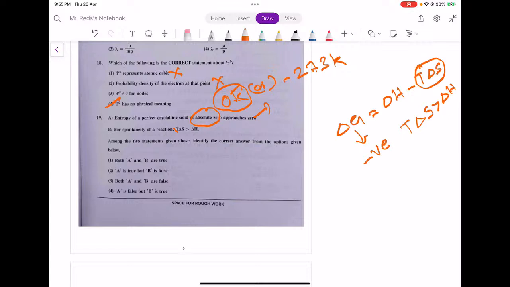Otherwise, if delta H is greater than T delta S, delta G is positive, and if delta G is positive, the process is non-spontaneous. So here A is correct, B is also correct. Both A and B are true.